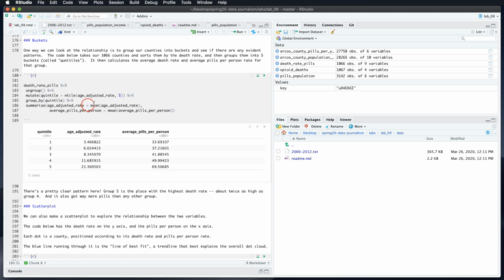I've also computed for each group the average number of pills per person sent each year over that 2006 to 2014 period. So this lowest group with the lowest death rate got about 33 pills per person per year over that period. Whereas the group with the highest death rates, the places where the highest proportion of the population died because of opioids, got many more pills per person on average, closer to 70. It's almost twice as much difference here.